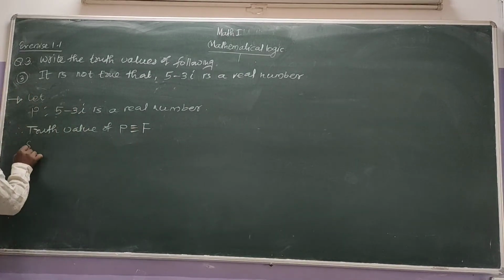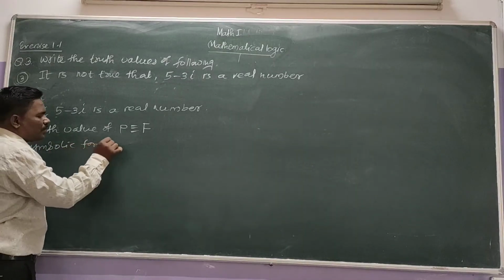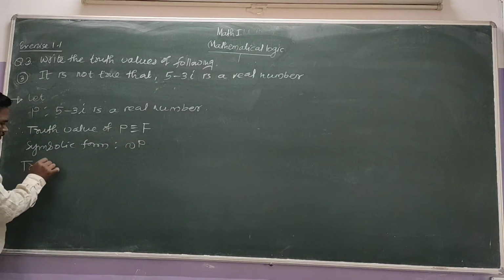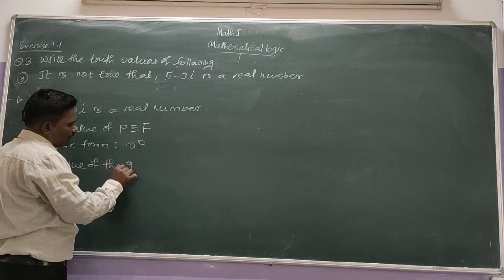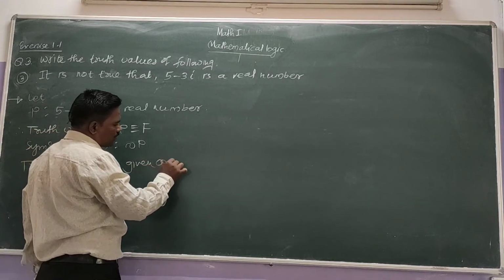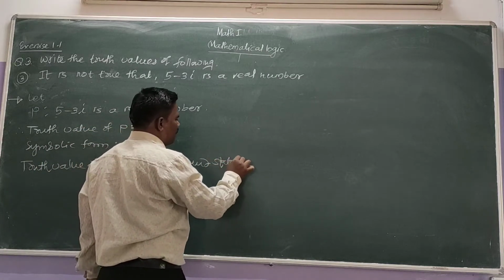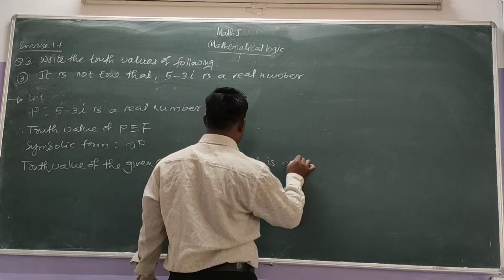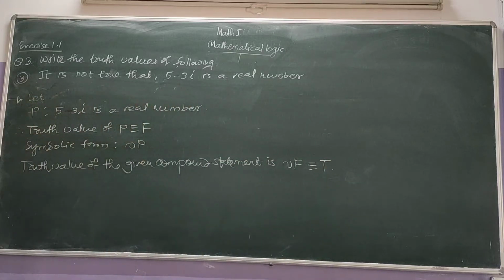Therefore, symbolic form of the given compound statement is negation of p. Therefore, truth value of the given compound statement is negation of false, which is equivalent to true. Therefore, the truth value of the given compound statement is true.